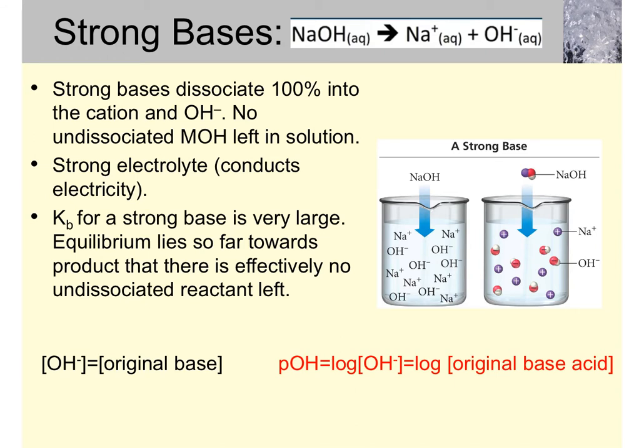Strong bases, similar definition. A strong base is one that dissociates completely when dissolved in water. And so again, if I were to dissolve 100 units of sodium hydroxide in water, there would be none of the original intact sodium hydroxide left, but it would have dissociated completely into the individual ions.